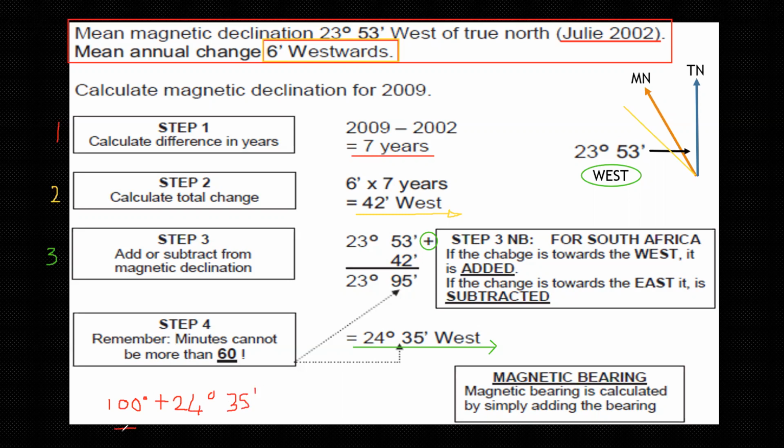That will be a very simple calculation, and here you'll be able to see your new magnetic bearing for that place will be 124 degrees and 35 minutes. So you'll be able to accurately work out where your location really is.